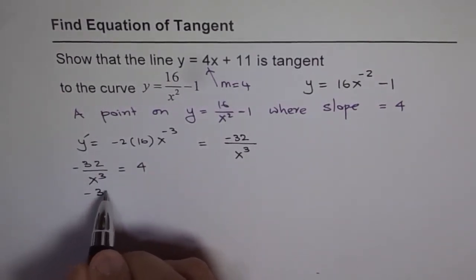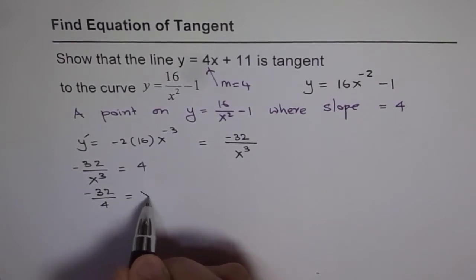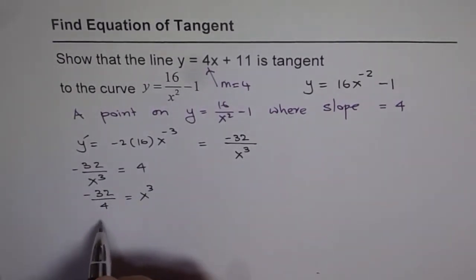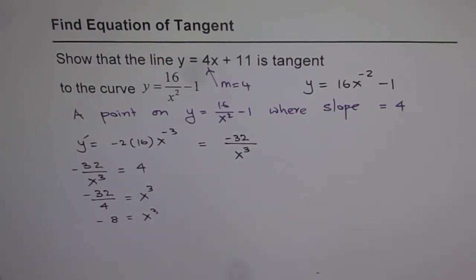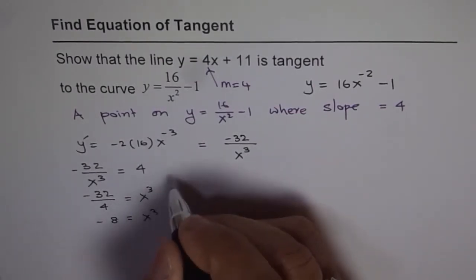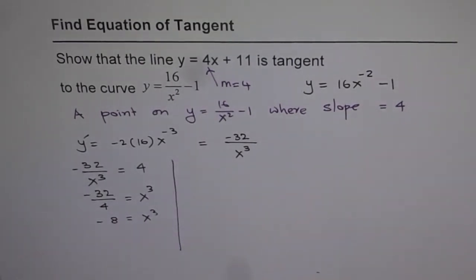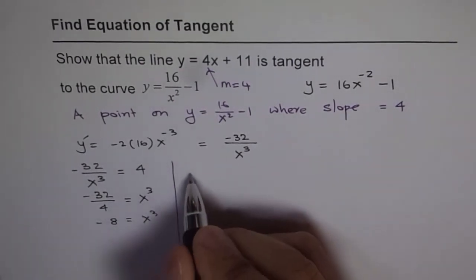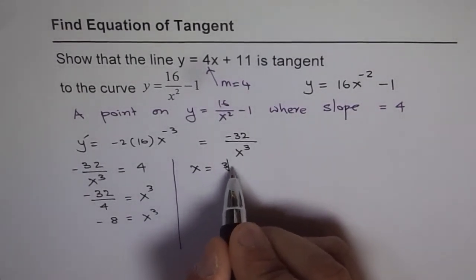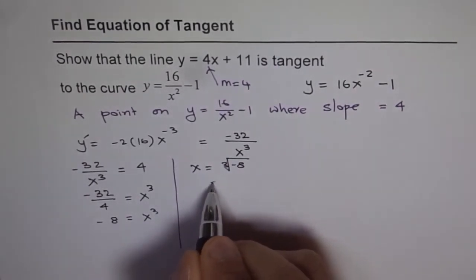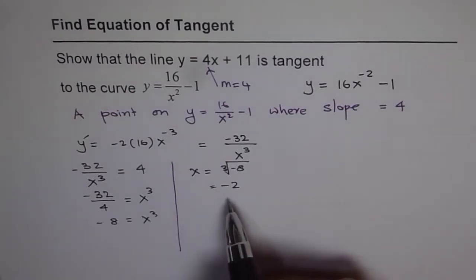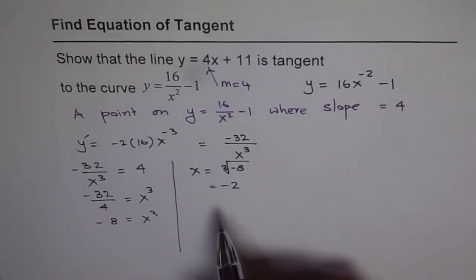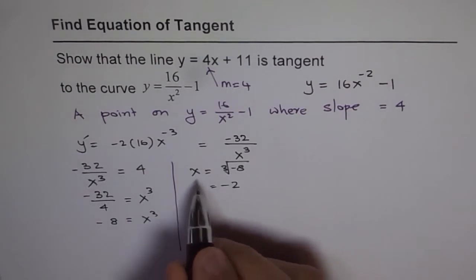So minus 32 over 4 equals x cubed, that is, minus 8 equals x cubed. That gives x equals the cube root of minus 8, and that is minus 2. So x equals minus 2 is a point on this curve where the slope will be 4, right? So that could be the point.